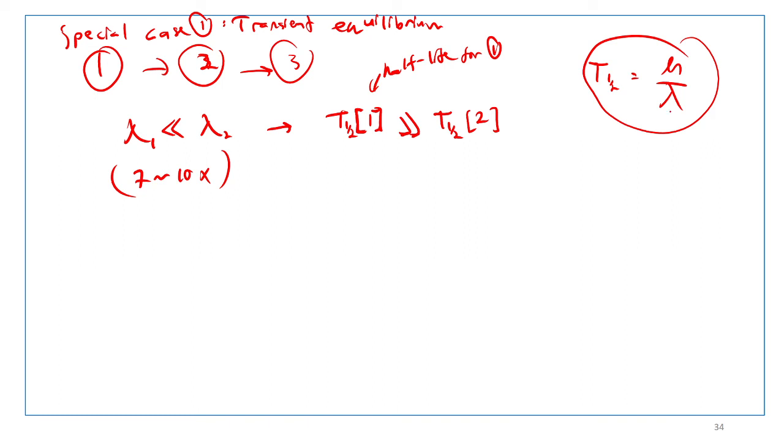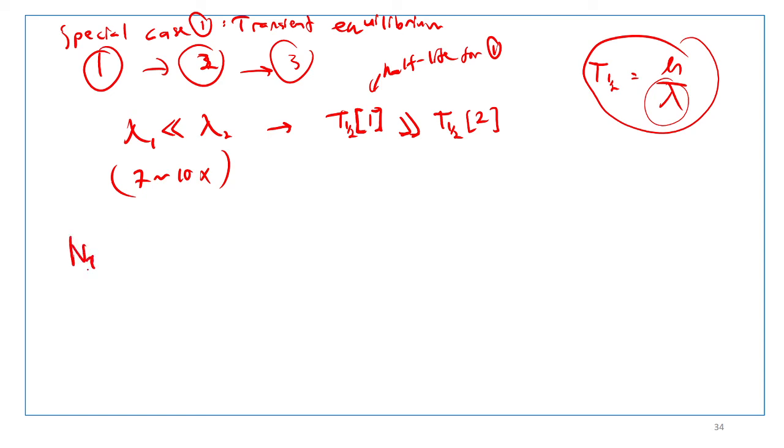So the smaller the decay constant, the greater the half-life. So in this case, the parent has a smaller decay constant, so its half-life is bigger than the daughter's.